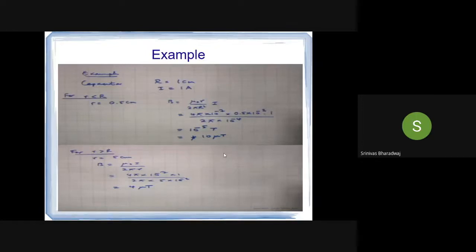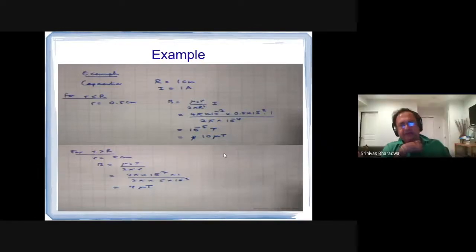So you have a current which is r by R I. When r is less than R, you have the current as being mu naught r by R times I. And then you have B dot dl is 2 pi r. So based on that, you end up with this.